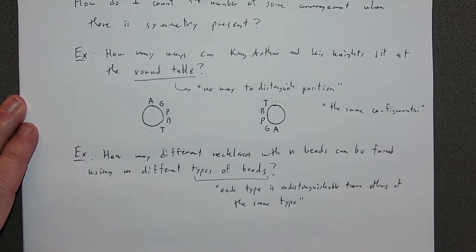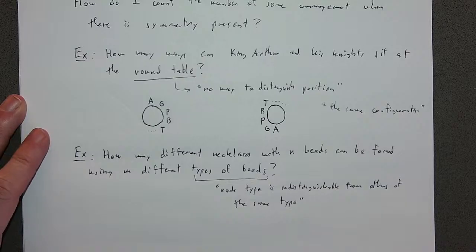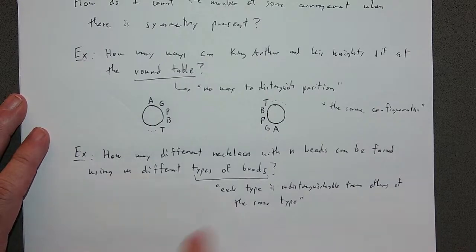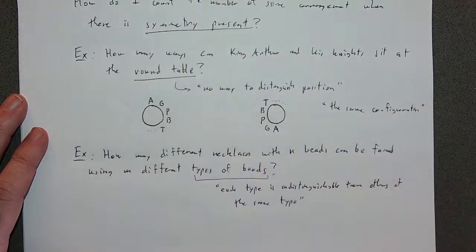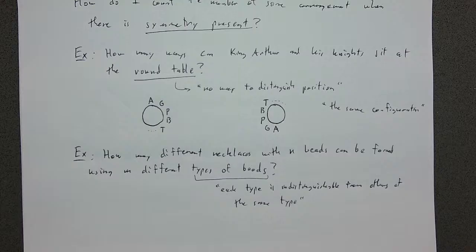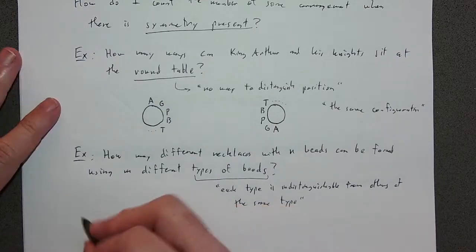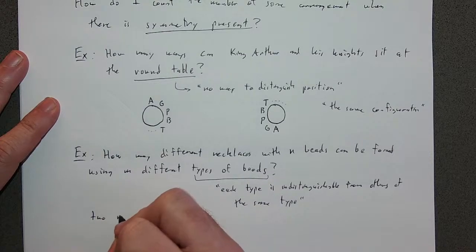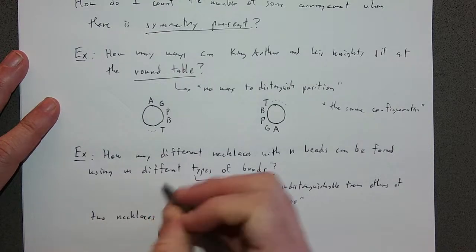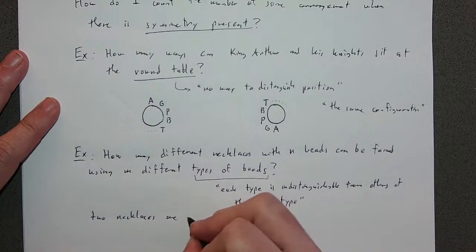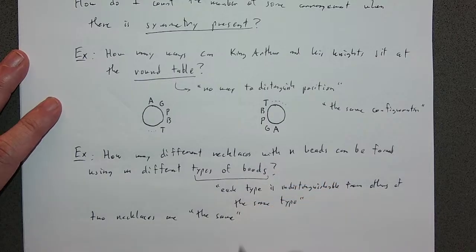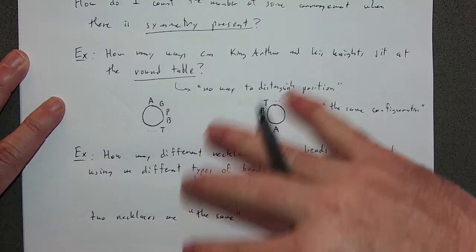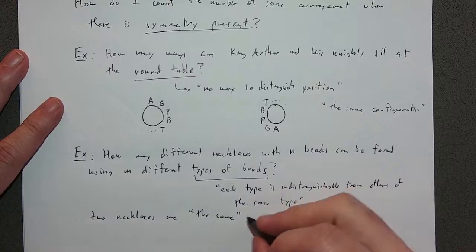Why is this a question that is maybe a little bit hard to think about? Well, there is again some symmetry here. The symmetry that's present in Arthur's case was obvious because of the roundness of the table. Here with this necklace, where is the symmetry coming in? Well, we would say that two necklaces are the same, similar, equal, if we can transform one into the other by either rotating the necklace or flipping it, turning it over.